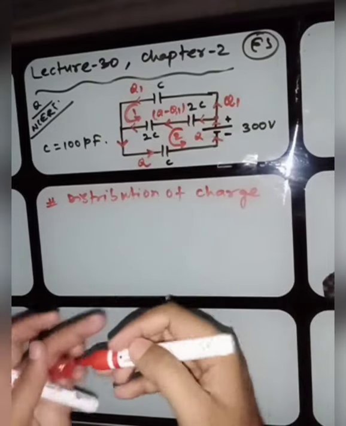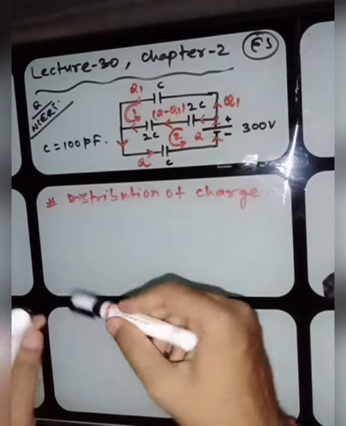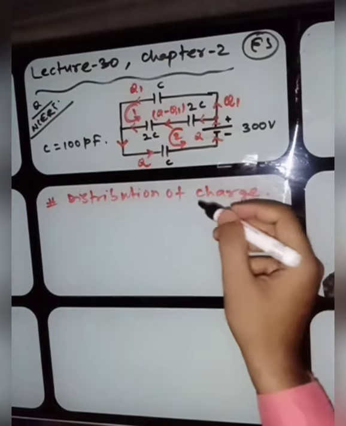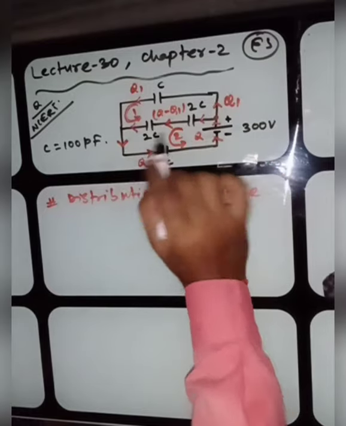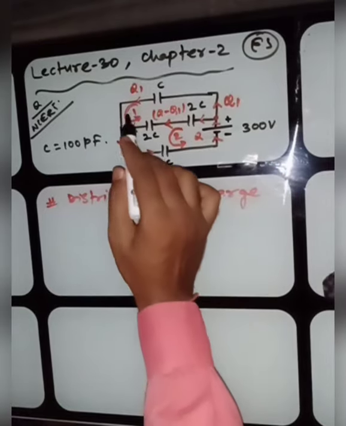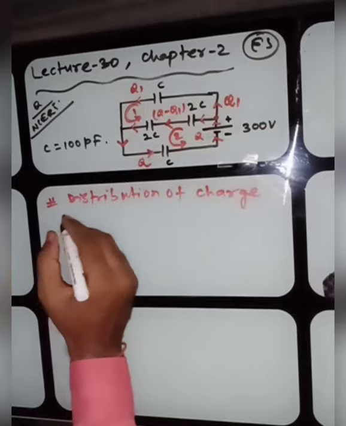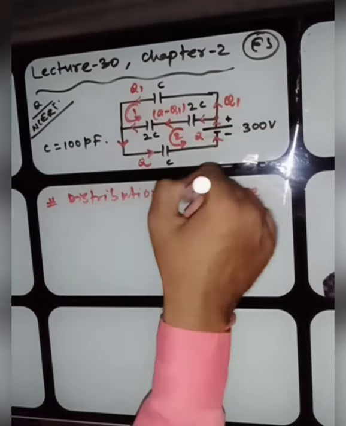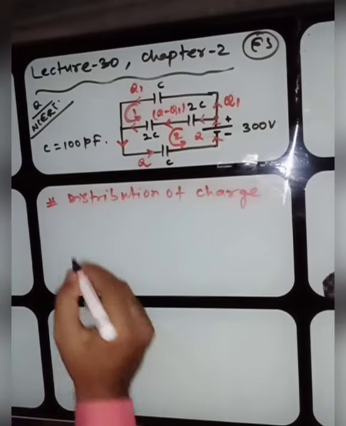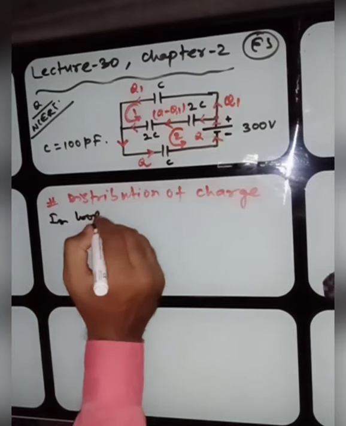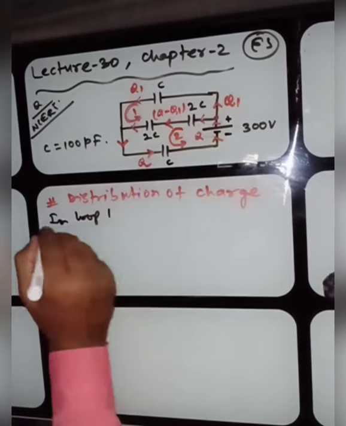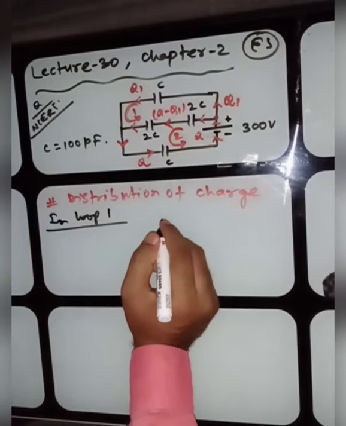Two loops. In loop 1 we are going to write the equation. Instead of writing A, B, C, D, you can write directly loop 1 and loop 2, and clockwise or anticlockwise gives you the direction. In loop 1, what will be the equation?